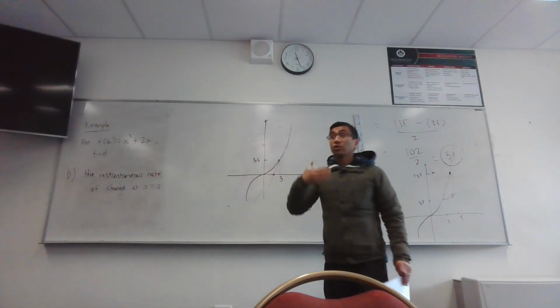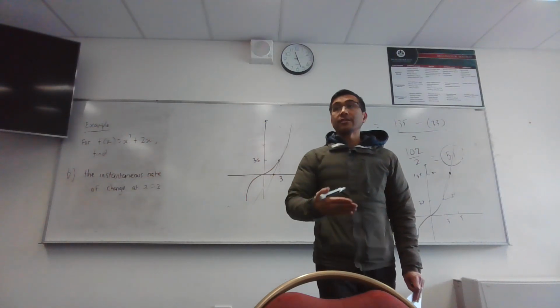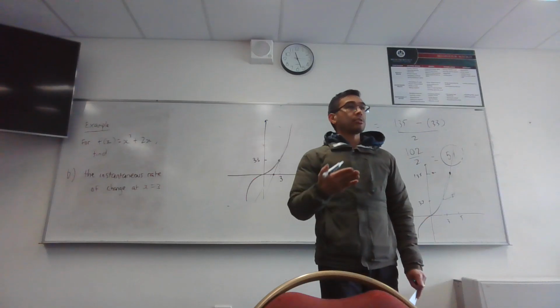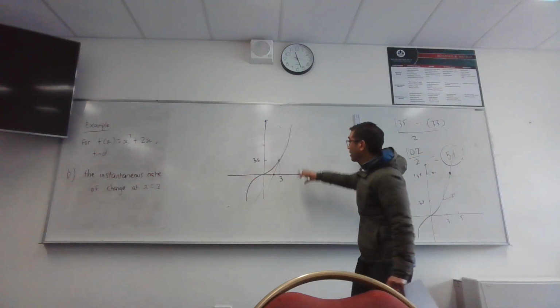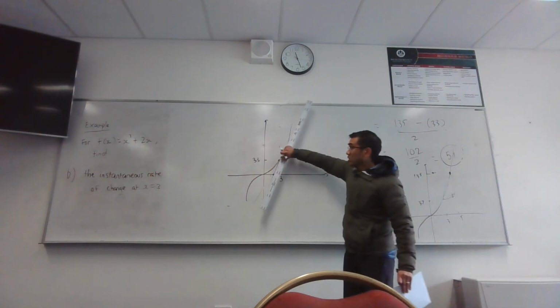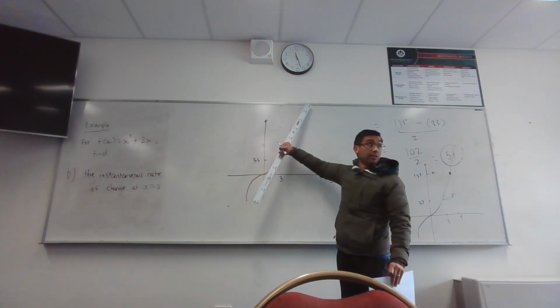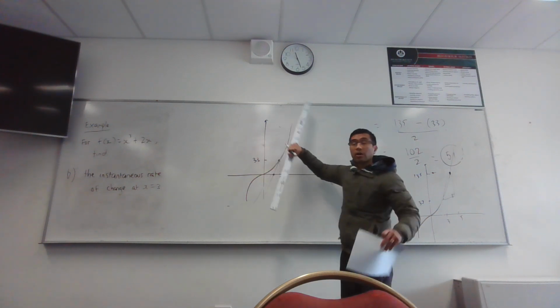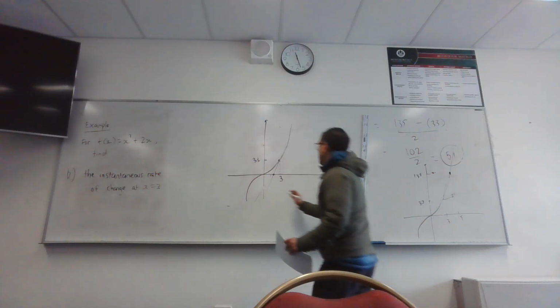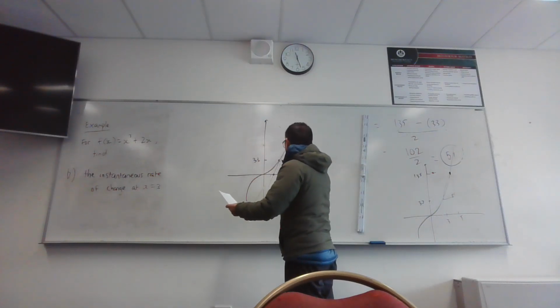And you're all going to have different answers because the way you look at a tangent on a particular point, your judgment by eye is going to be different. By my eye, I'm going to say that this is 2.2.